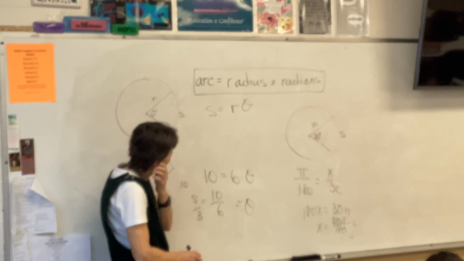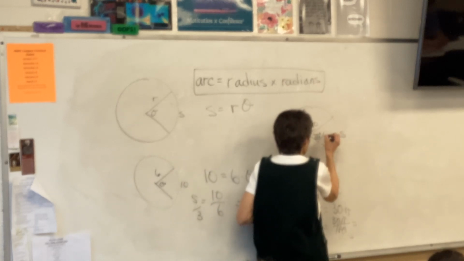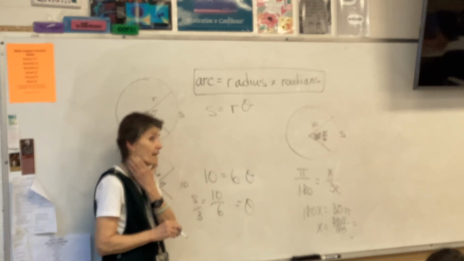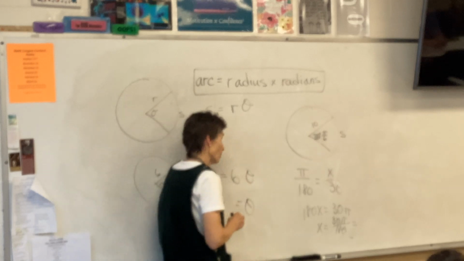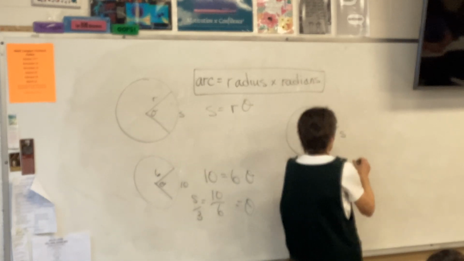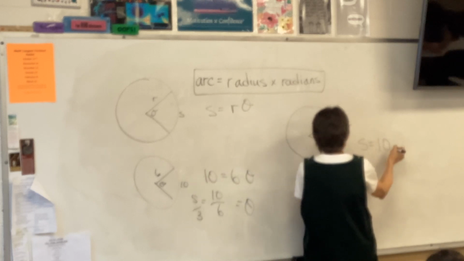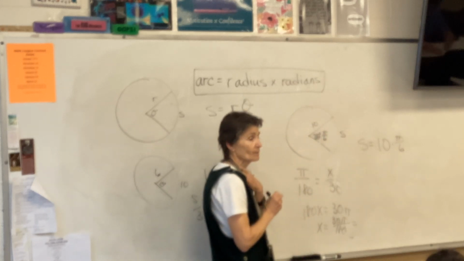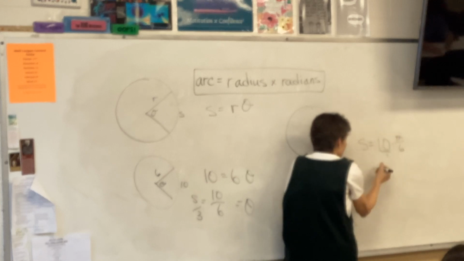What have I got then? Pi over 6. Now, that is not the answer. All that is the angle now in radians. So then we can go back and actually find the answer. So arc length equals radius times radians. This is 10 over 1. We're going to multiply, so we're going to go straight across.